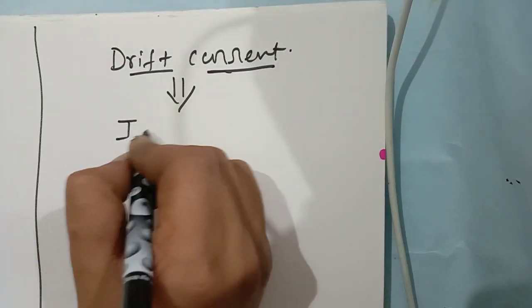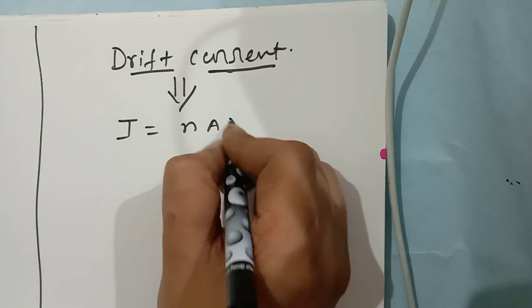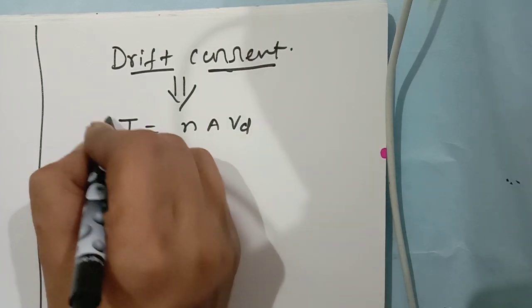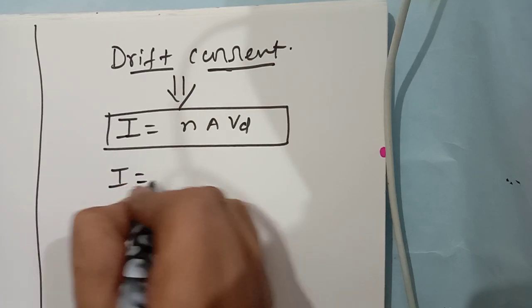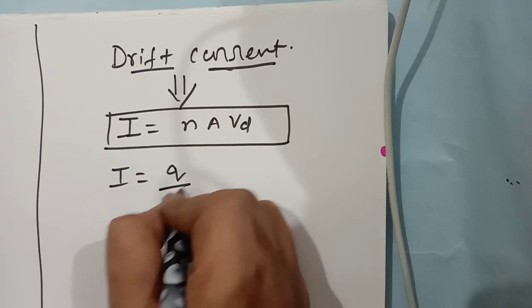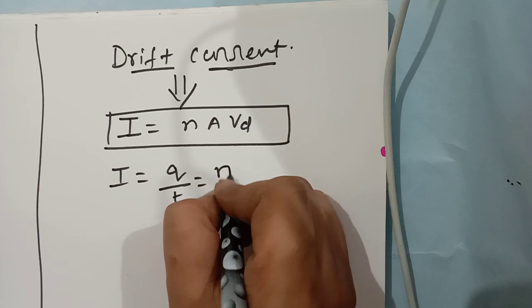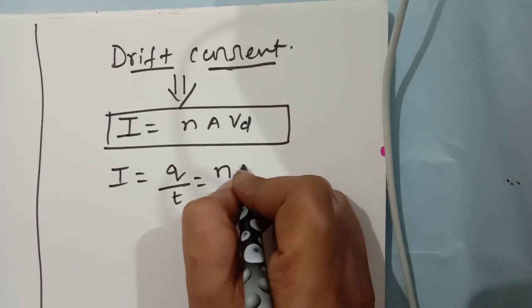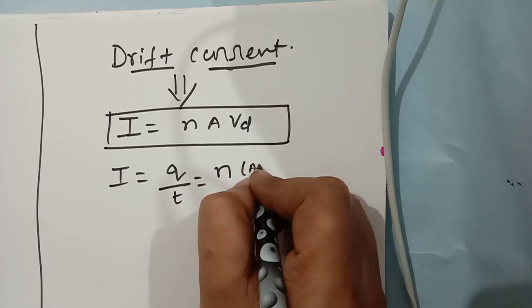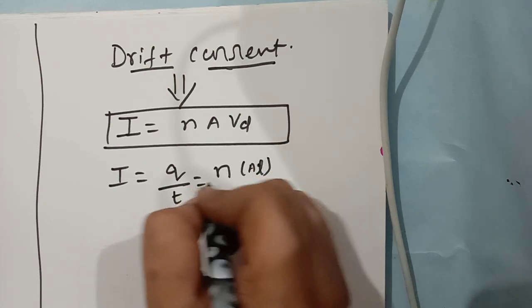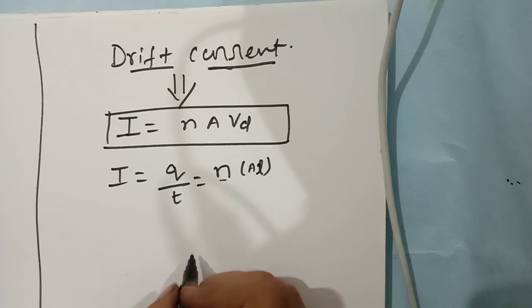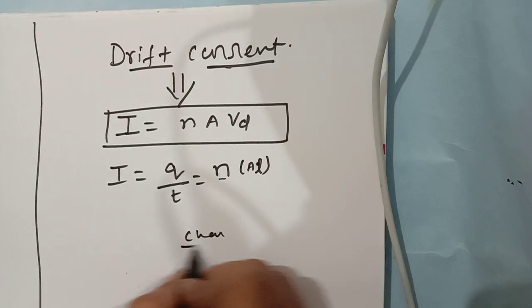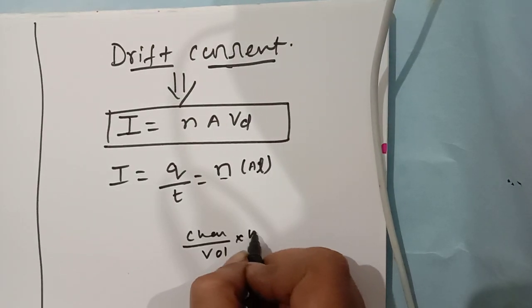For drift current, I said that nAVd, as per our calculation, was right. But how did we calculate it? I equals Q by T, right? Q is the number of charge carriers per unit volume into volume. It is the number of charge carriers per unit volume by volume, meaning charge carriers by volume into volume.